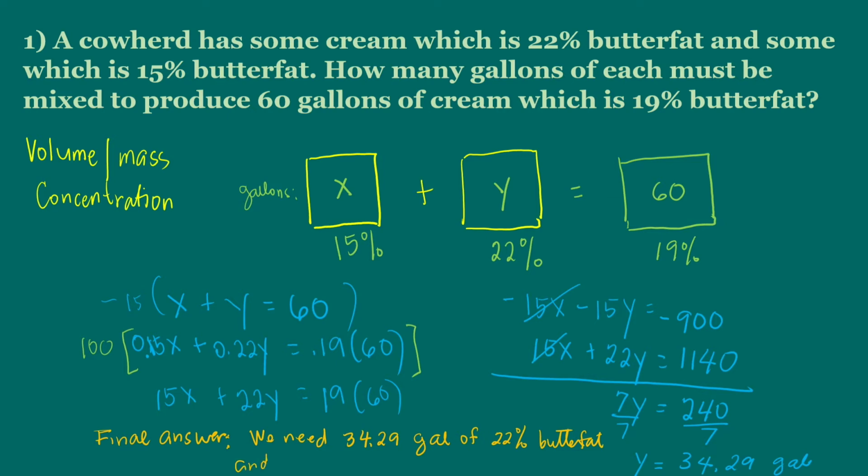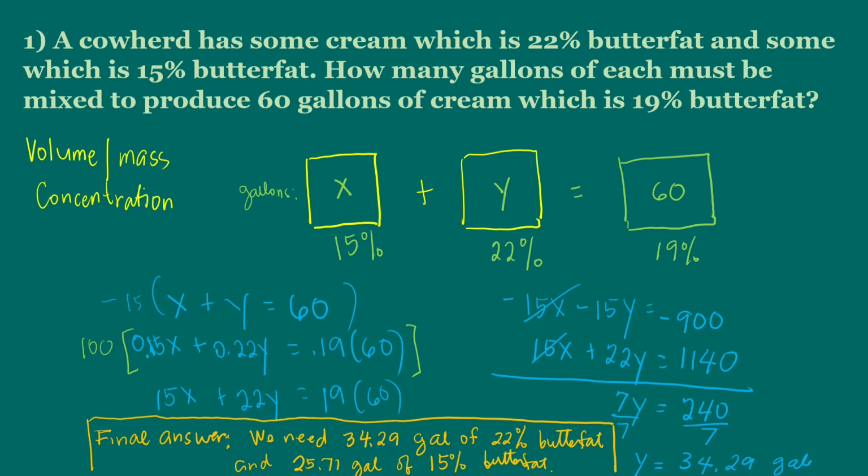So we need 25.71 gallons of 15% butterfat. So, yun yung pinaka-final answer natin. We really have to go back to the problem and see whether we have answered the question. How many gallons of each must be mixed? So, those are the answers.